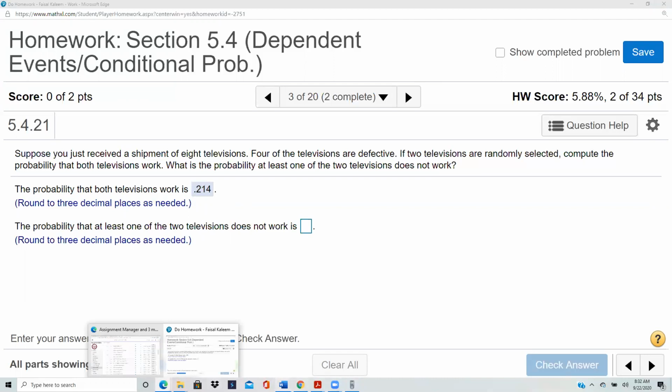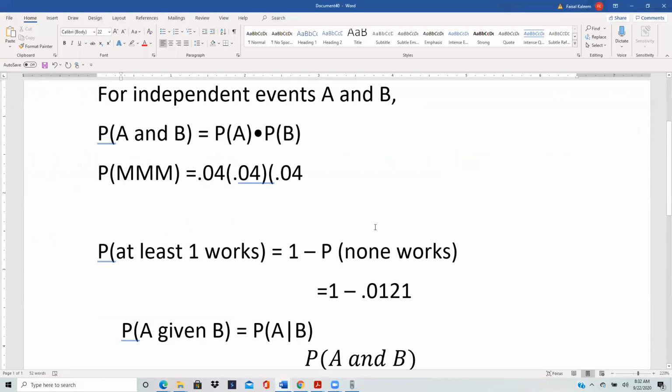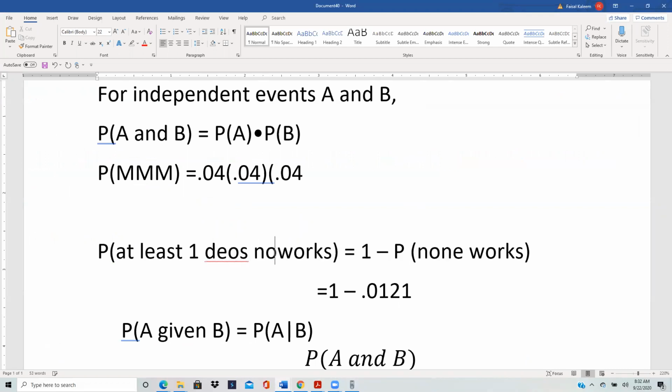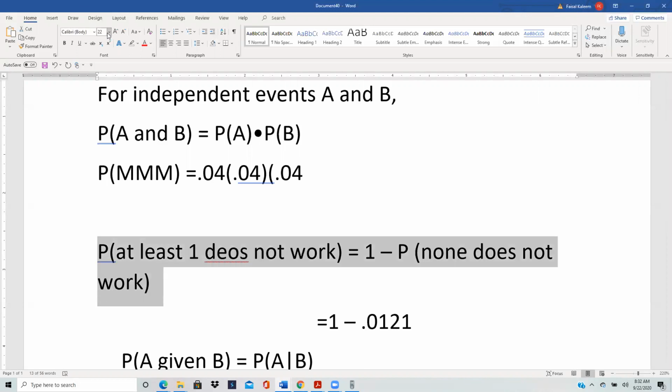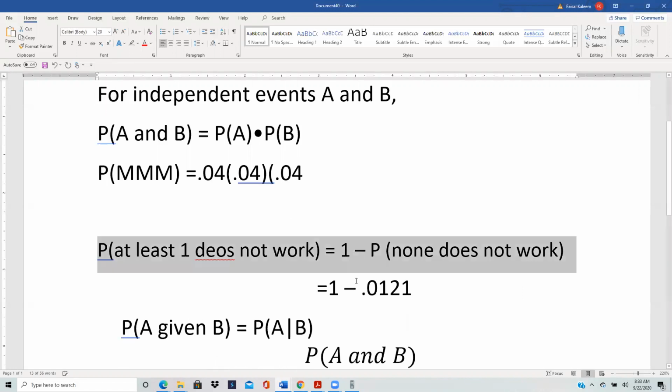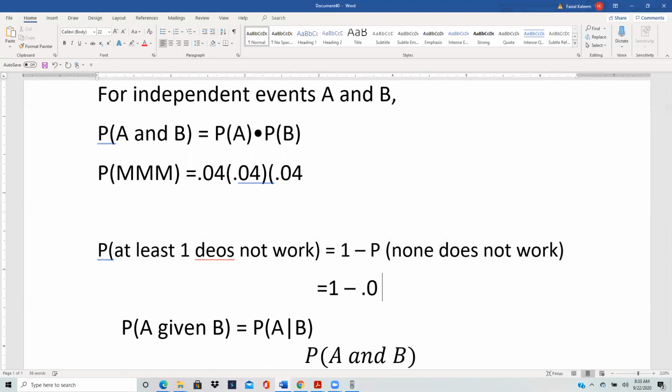So that would be 1 minus probability of none does not work. So none does not work is another way of saying both work.